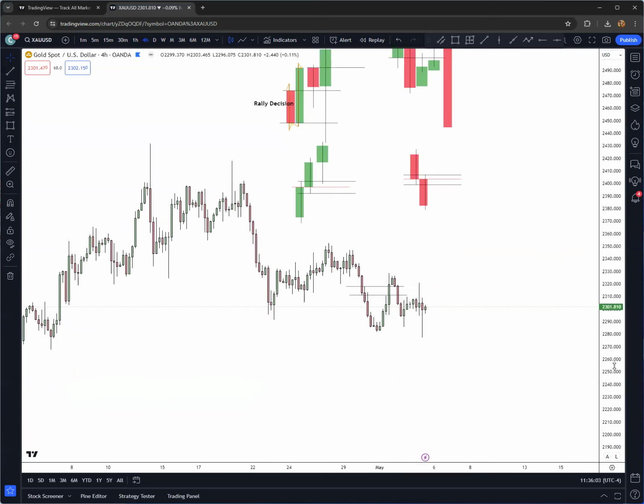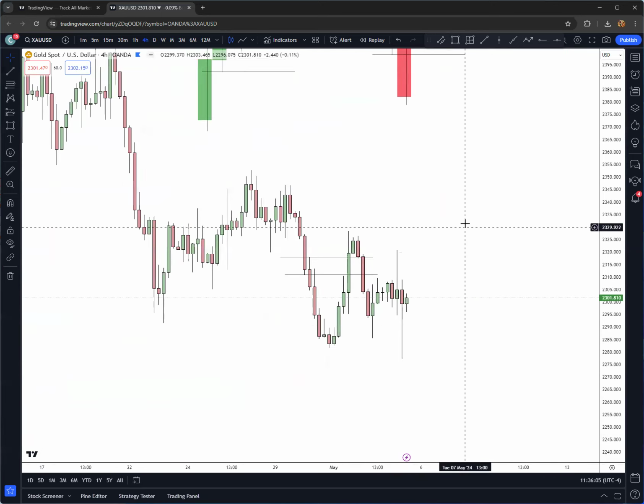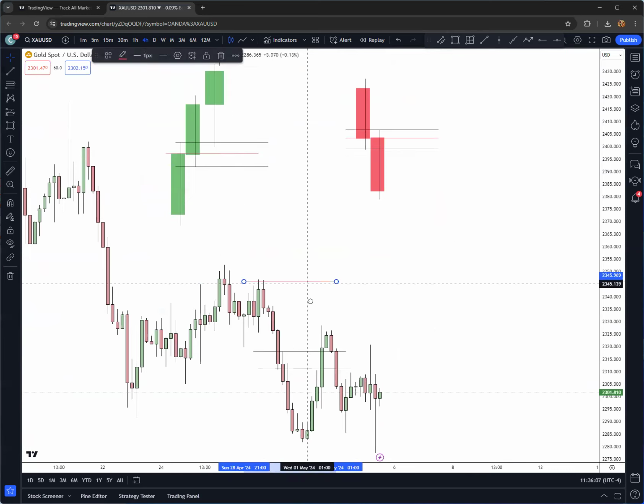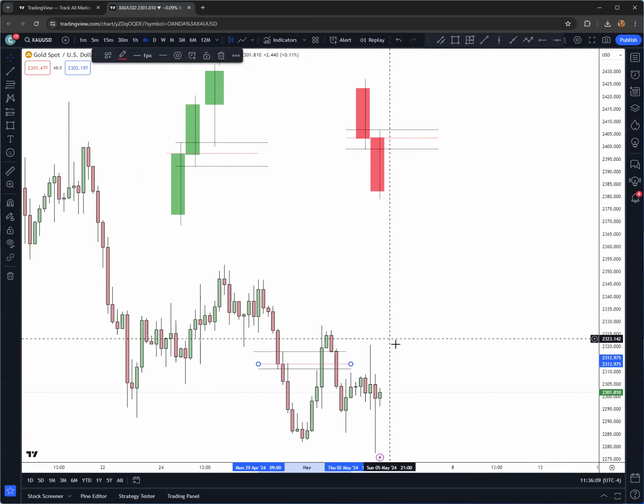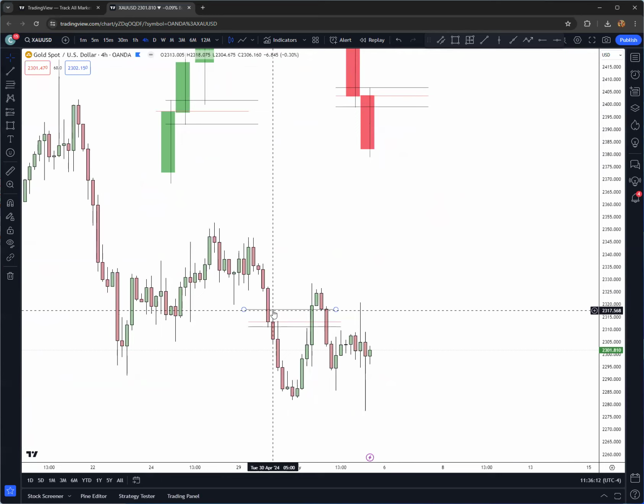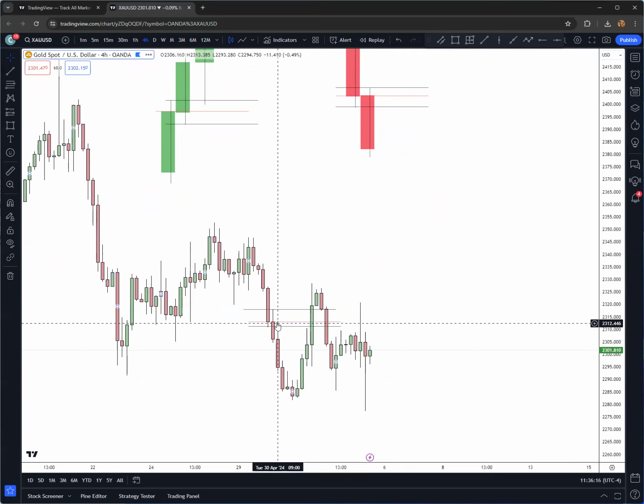So for example, if you look right here, where the wick here and this here form, that's the area you would look to find, that precise level.